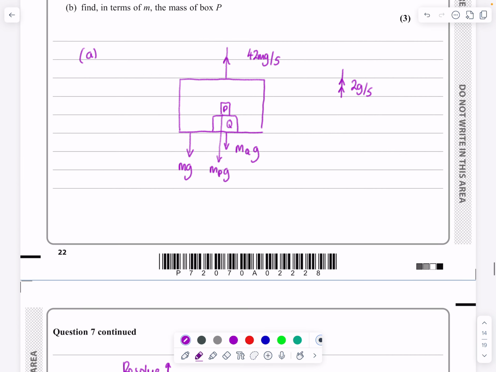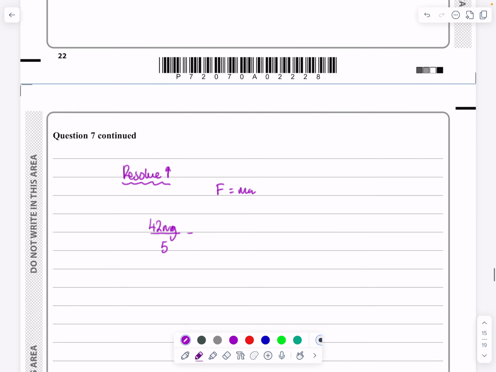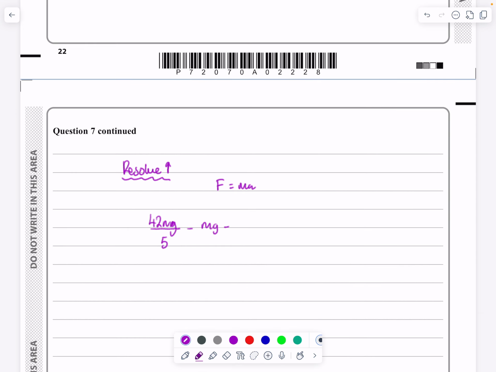F equals ma. We know that the 42mg/5 is going to be bigger than those three forces simply because my object is moving up with an acceleration of 2g/5. So F equals ma is going to give me 42mg/5 minus our mg, minus our mpg, minus our mqg.